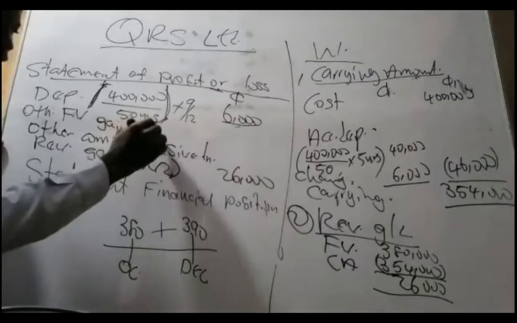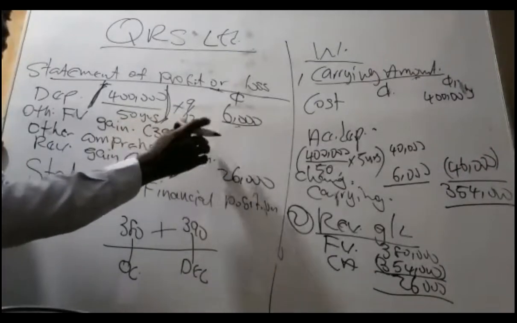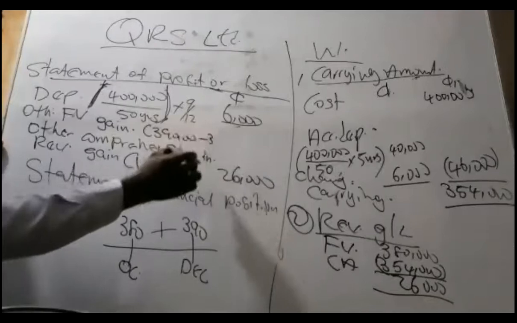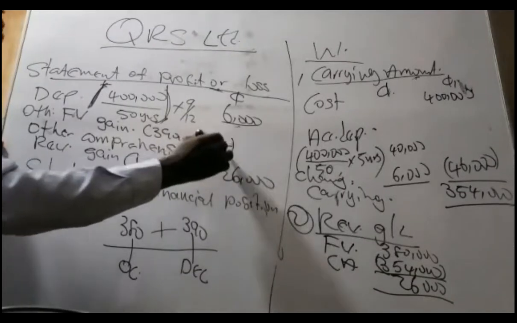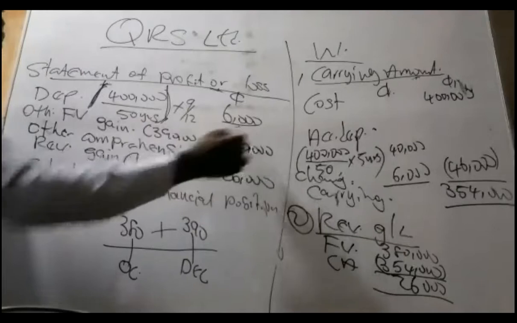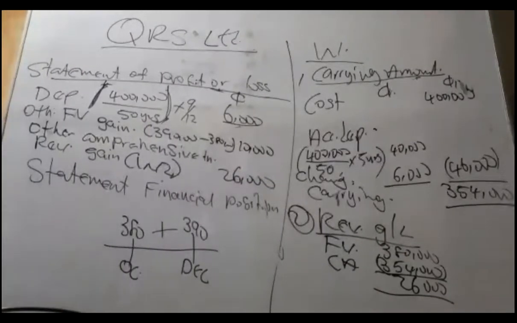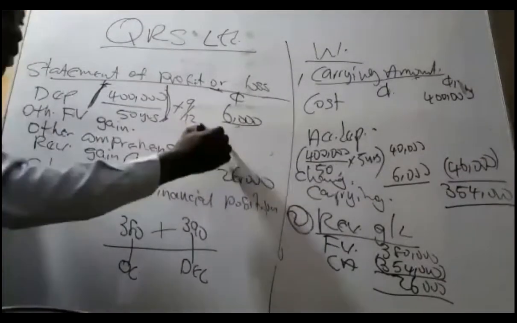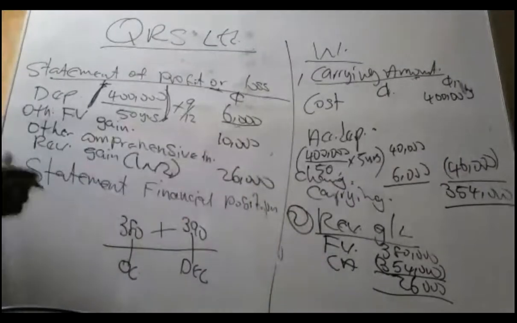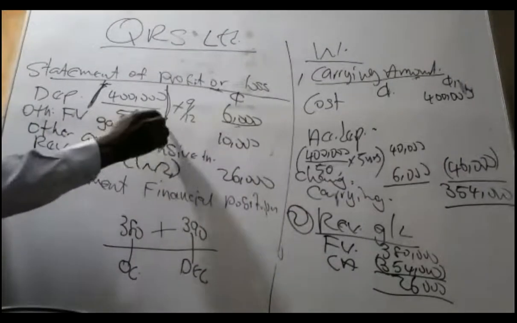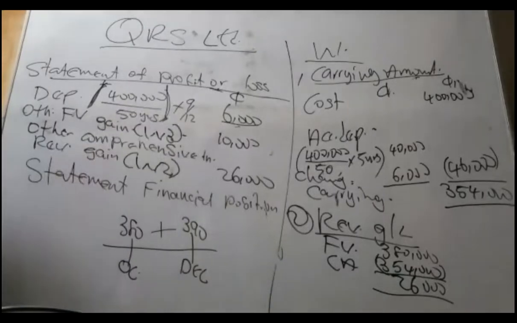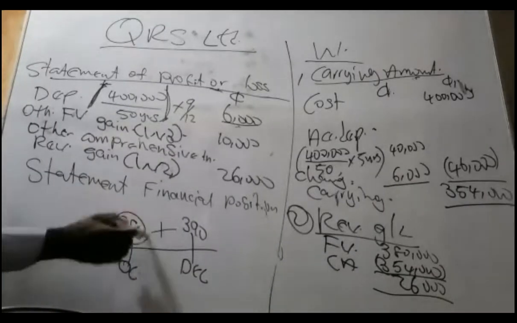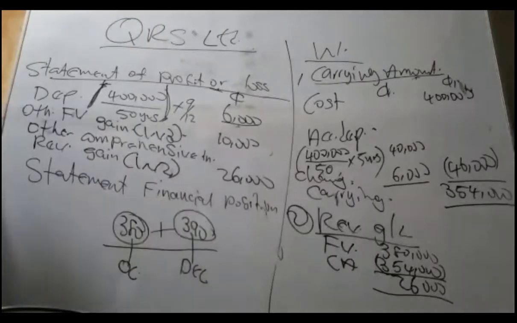Open your brackets: 390,000 less 380,000, and that will give us 10,000. That is the gain or loss. Good. But let me go into the workings again. I'll bring this final answer, 10,000. So workings number 3. Show those workings for me. So opening balance of 380, closing balance of 390. So there's a gain again.